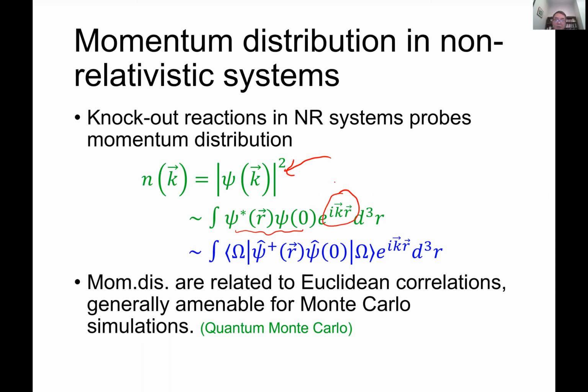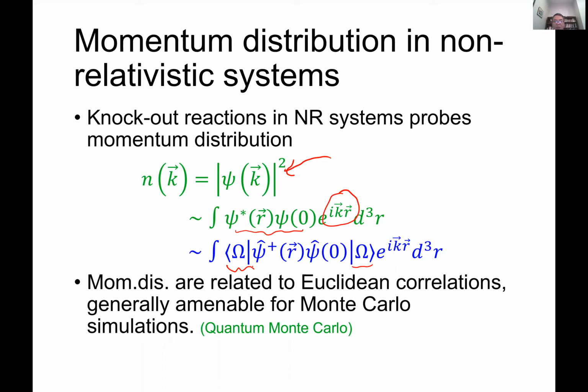If you make an analogy of this in a many-body system, you would promote those wave functions into operators, and then you have a ground state expectation value. So you're looking at Euclidean correlators in the ground state of a many-body system.